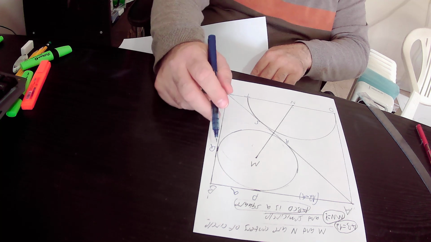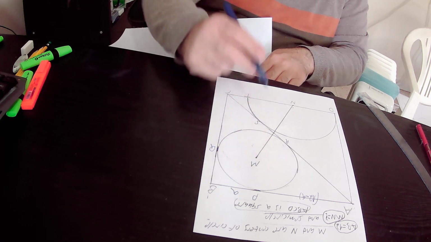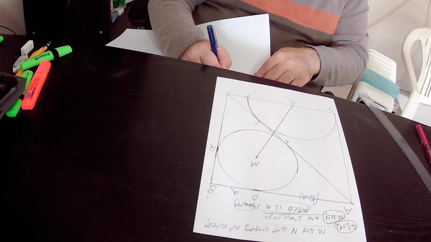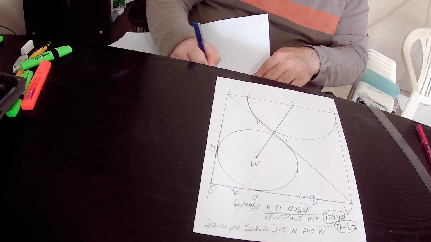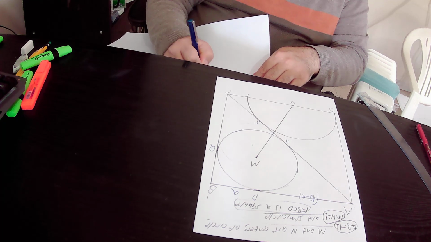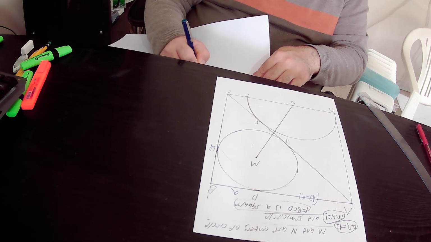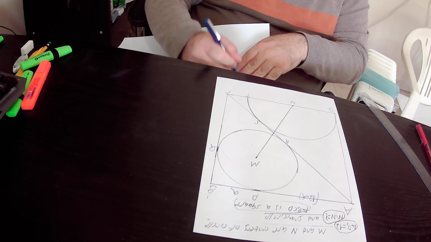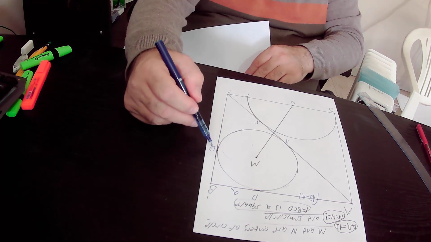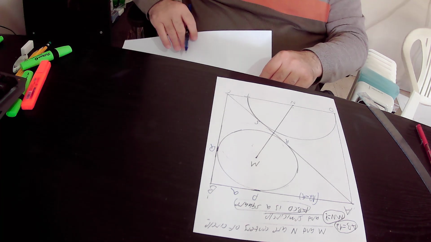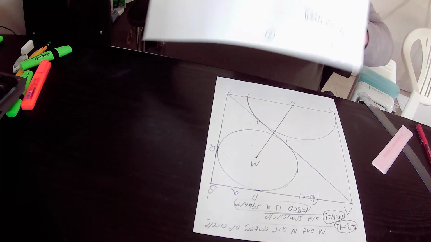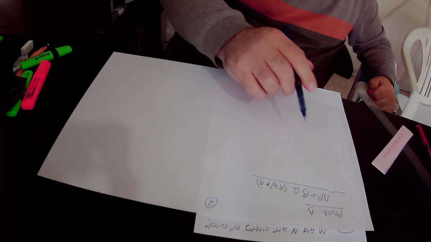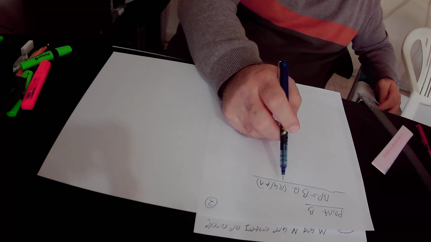The first tangent is tangent BP. The second tangent is tangent BQ. And according to rule number 1, the lengths of those two tangents will be equal to each other. That is to say, BP is equal to BQ.